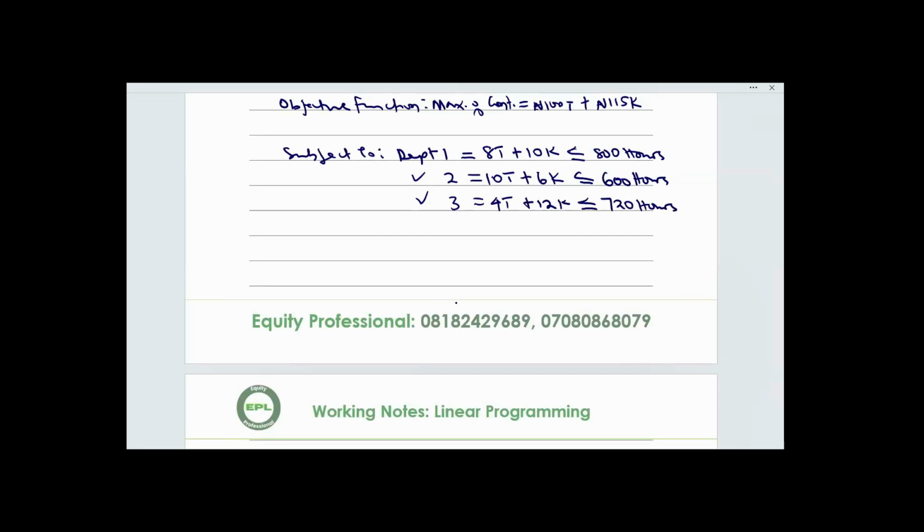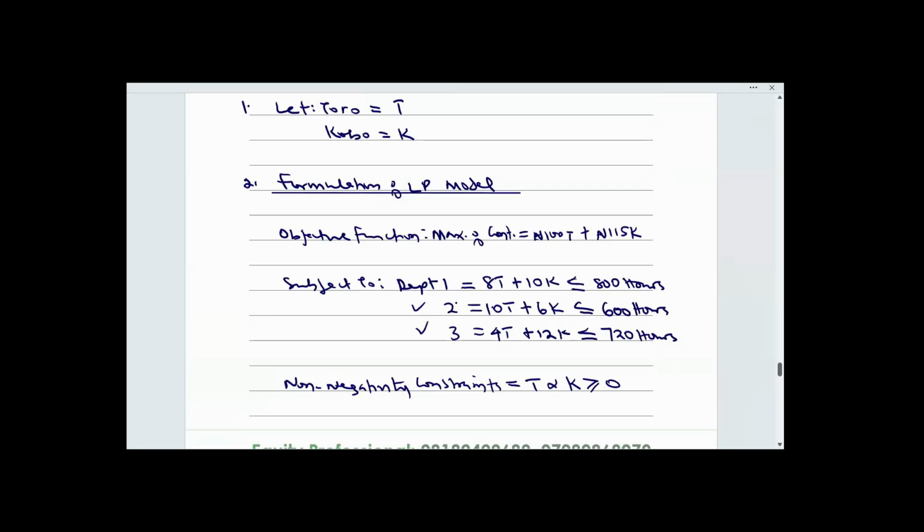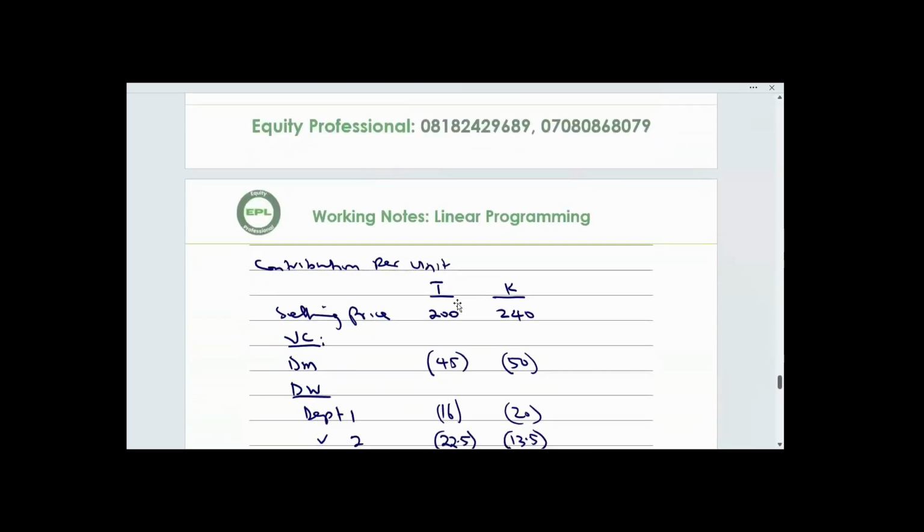Finally, step 3 for the formulation is to state the non-negativity constraint, which states that negative output is not permitted. So we have two variables, T and K. The units we are going to produce for T and K must be greater than or equal to 0. So with this, we have stated the objective, we have formulated the linear programming model.